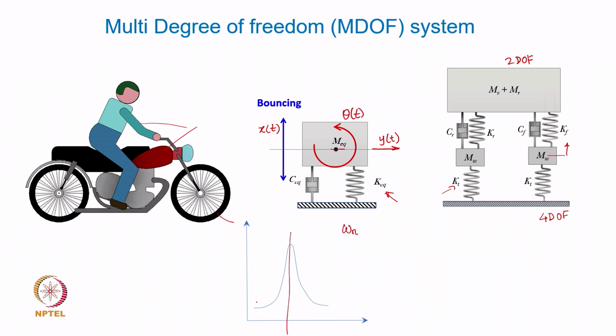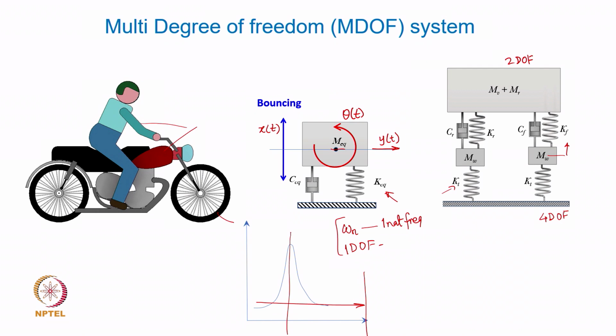So, irrespective of your excitation frequency, if you scan through the entire operating speed range, you will encounter one resonance in this case: 1 degree of freedom, 1 natural frequency and 1 resonance. And this entire system will obviously have one governing equation of motion.